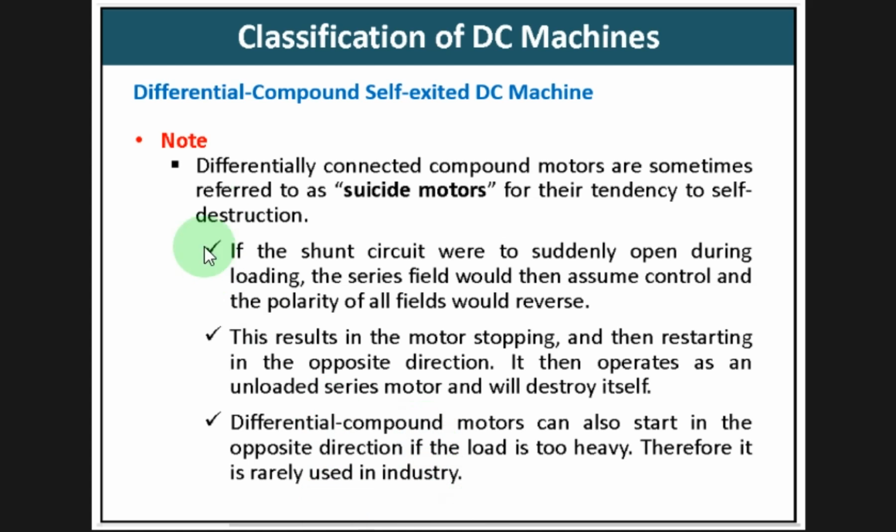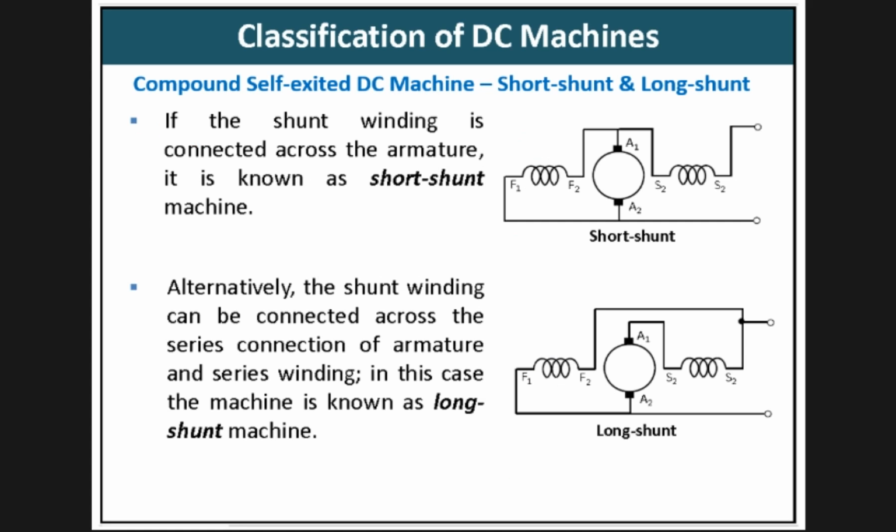Again, these compound self-excited DC machines have two other variations according to the way the series field and the shunt field are connected. They are called short shunt and long shunt. If the shunt winding is connected across the armature, it is known as the short shunt.